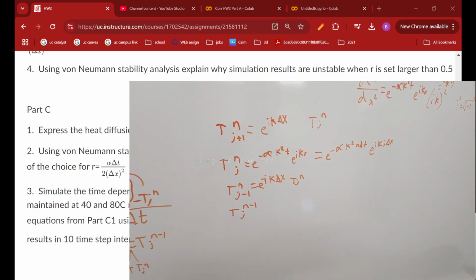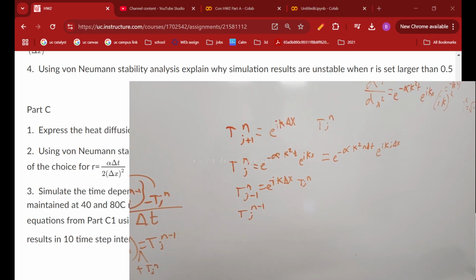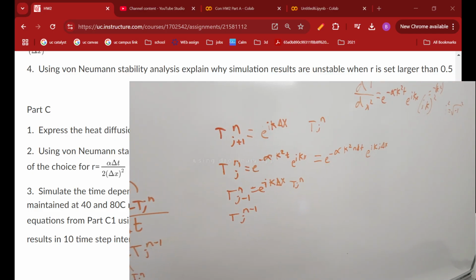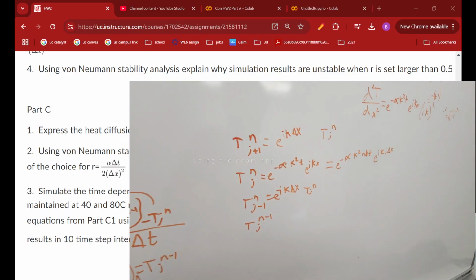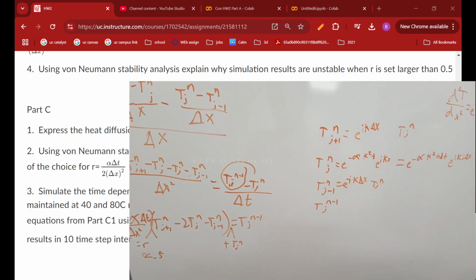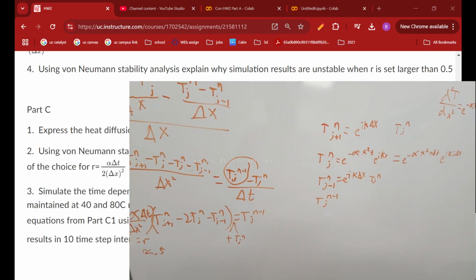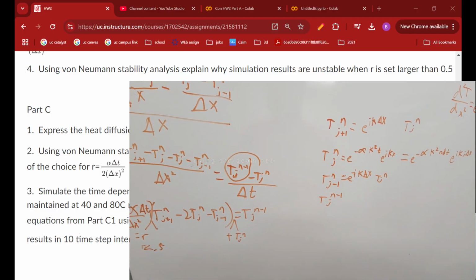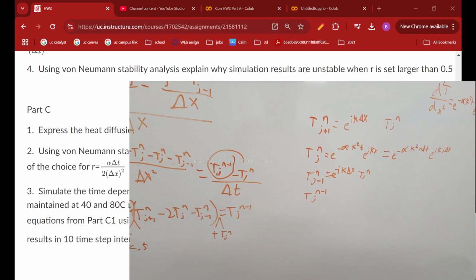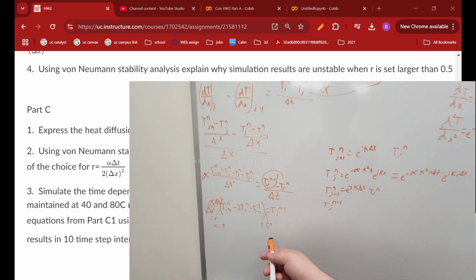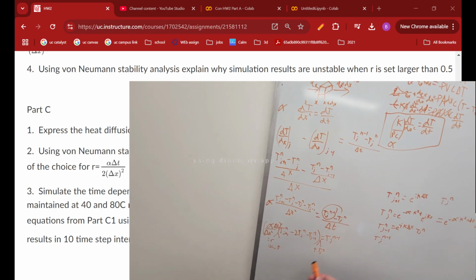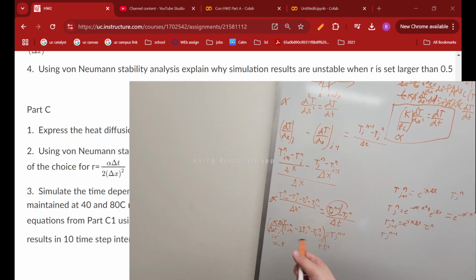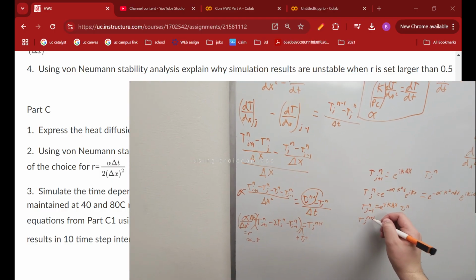And then I think I wrote letters incorrectly somewhere, because this n minus 1 I think was supposed to be a plus 1 from earlier. T n j, t j minus 1, t j. This should be a plus, I believe.